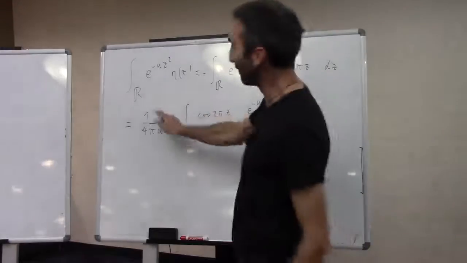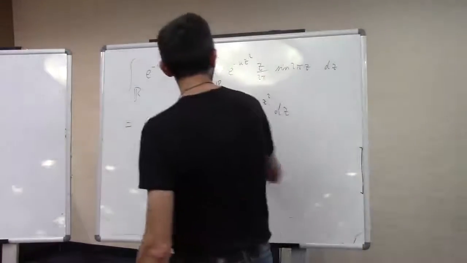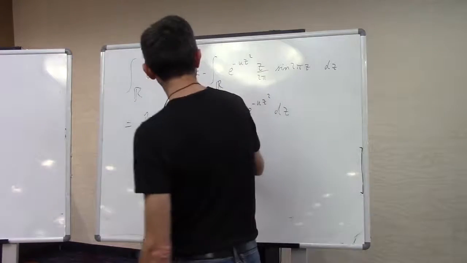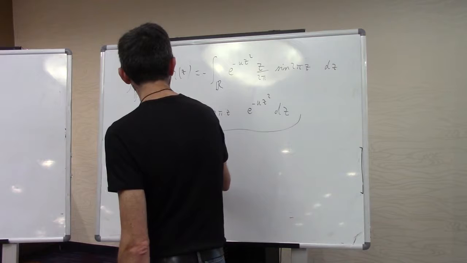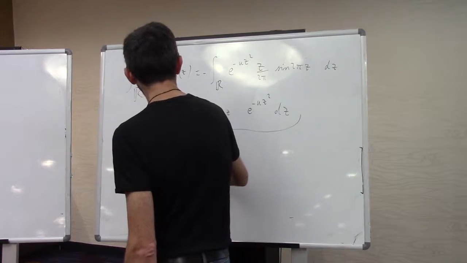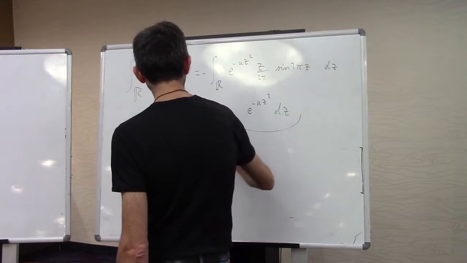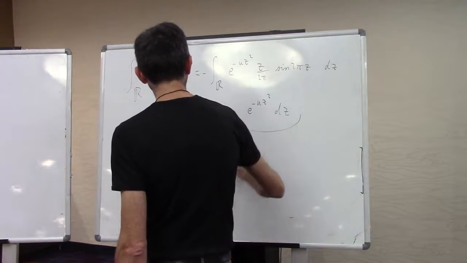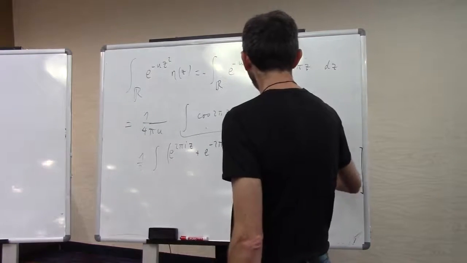I don't guarantee the prefactor here. But okay, let me concentrate on the second part, on this integral. This integral is 1/2 of the integral of exponential 2 pi i z plus exponential minus 2 pi i z, times exponential minus u z squared dz.